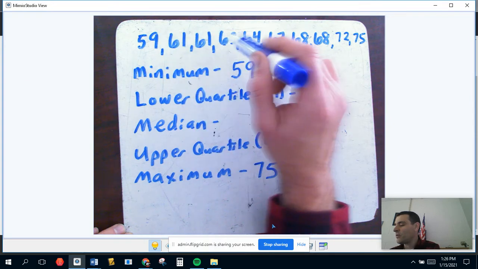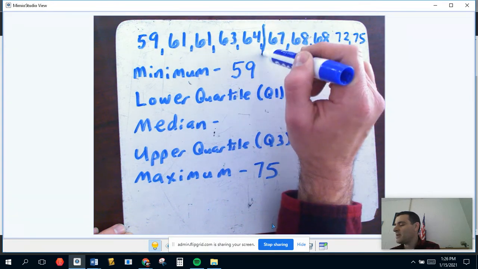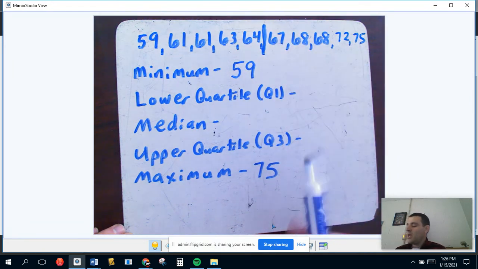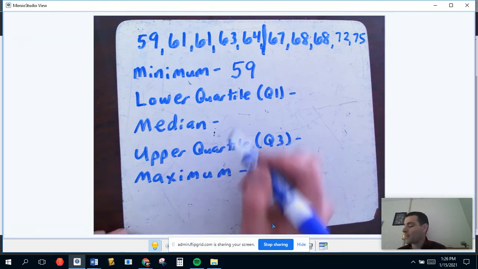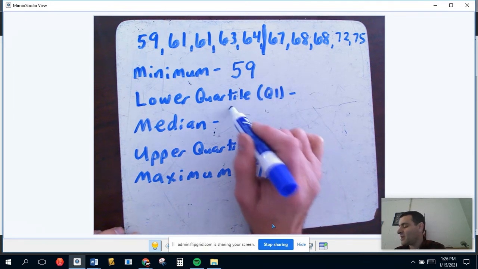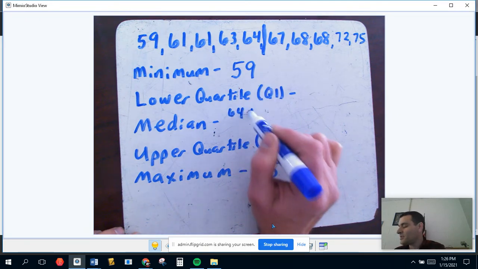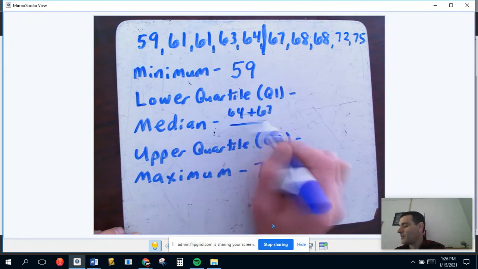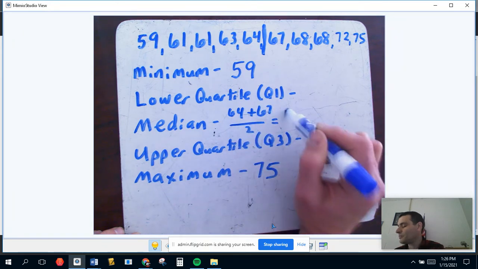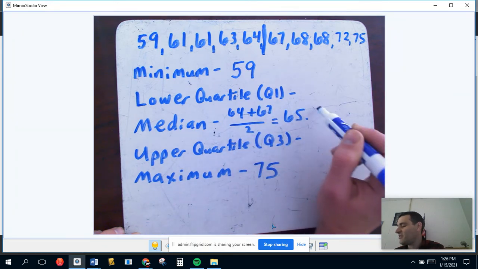Right in there is my median, that line. It would be halfway between 64 and 67, or the average of 64 and 67. That's 64 plus 67 divided by 2, which you'll find to be 65.5.